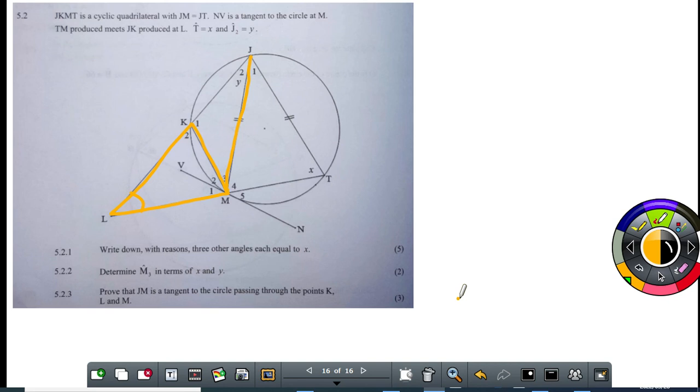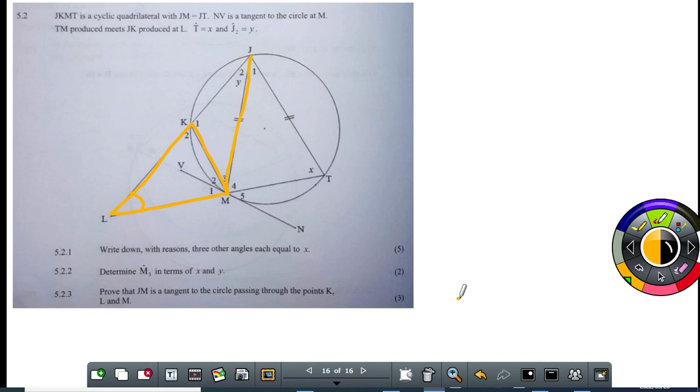Are you following? I hope I'm not talking to myself here. You need to know how to prove that a line is a tangent. There are only two ways. Either a line must be perpendicular to a radius, or to a diameter.